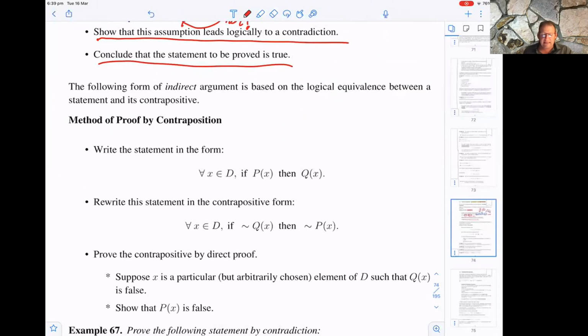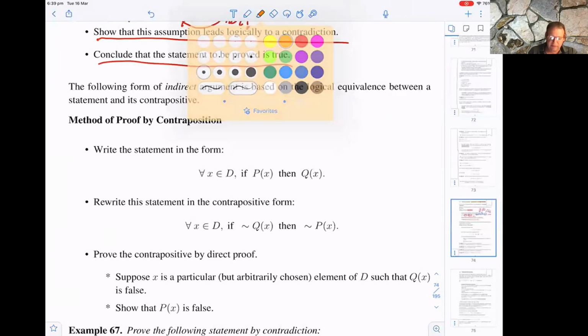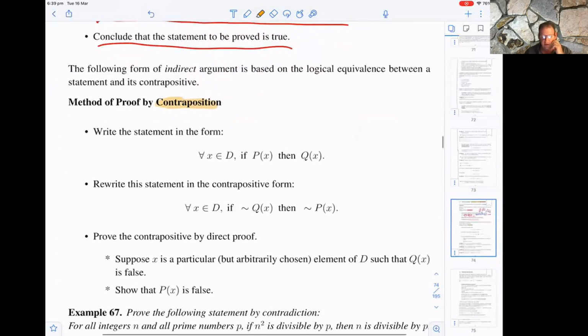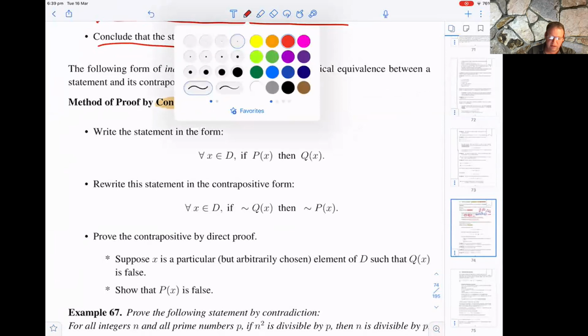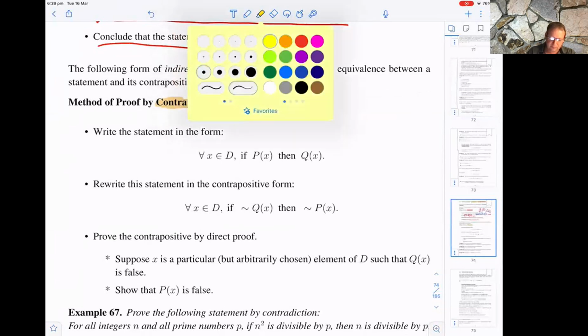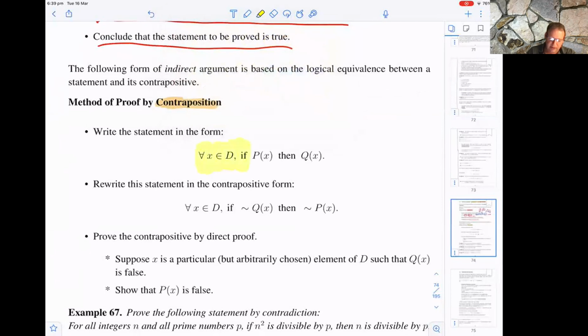Now, a slightly different type of thing that's sometimes confused is called contraposition. Contraposition is an equivalence between two types of statements. This yellow statement says, again using an example, for all human beings, if alive, then heart is pumping.